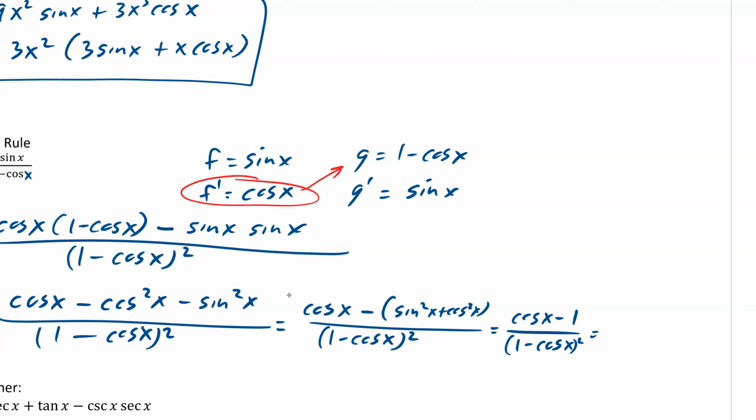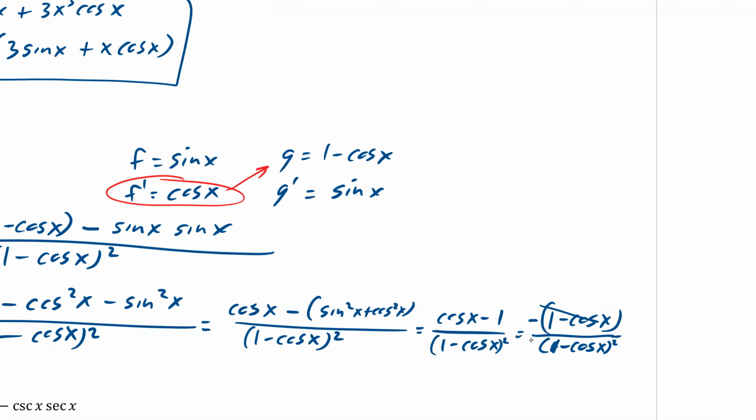And then if we flip that, we get negative 1 minus cosine x, like that, and then we double check the sign. So negative 1 plus cosine x, it checks. And the reason I'm doing that is because on the bottom, we also have a 1 minus cosine x. And so that would allow us to cancel one of them, giving us negative 1.